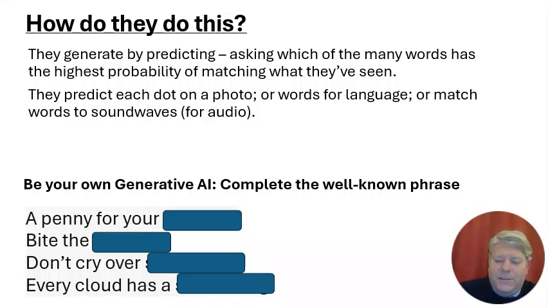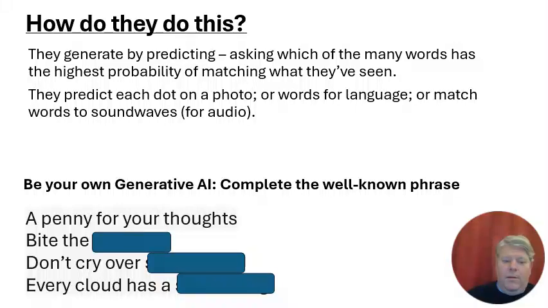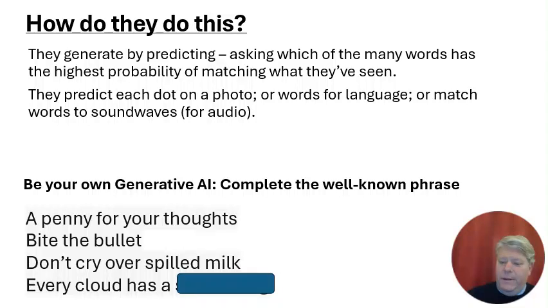It's worth remembering that when we're speaking or listening, we predict what words we're going to hear next. So think of these phrases: a penny for your... bite the... bullet, don't cry over... spilled milk, every cloud has a... silver lining.